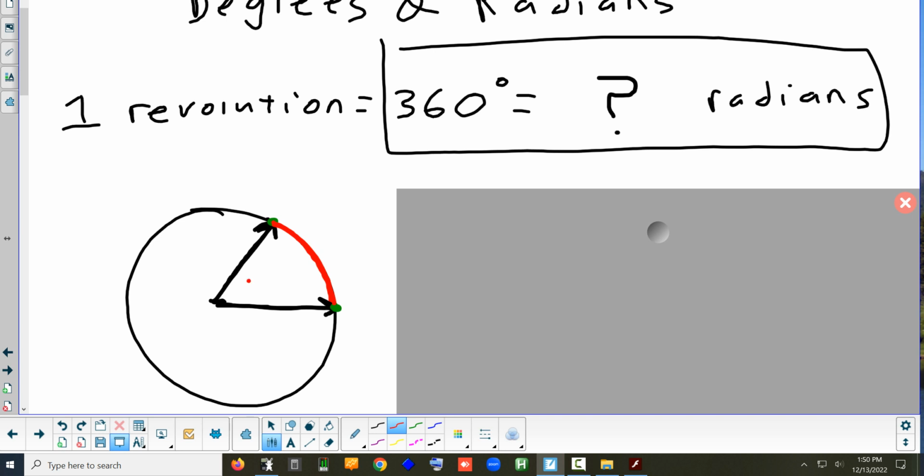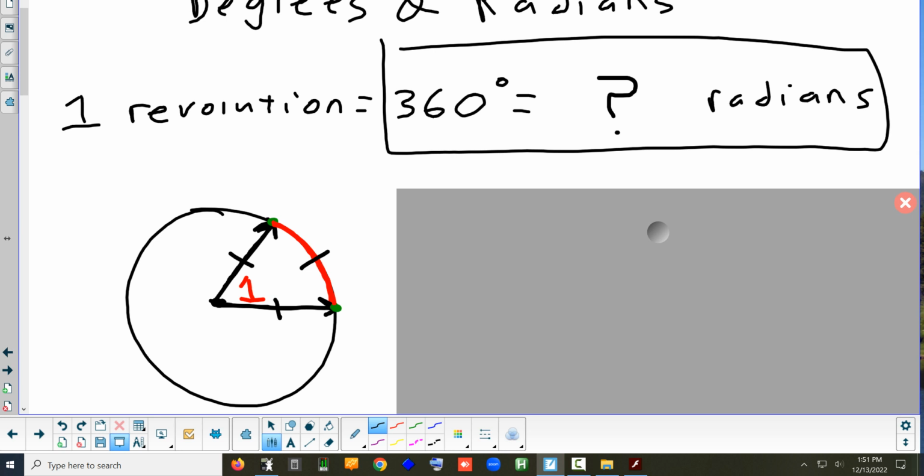Now, something very special happens if that angle is exactly 1 radian. And only 1 radian. It doesn't work if this angle is bigger or smaller. If that angle is exactly 1 radian, then the length of this arc in red and the length of that side of the angle and that side of the angle are exactly the same. They all come out the same.